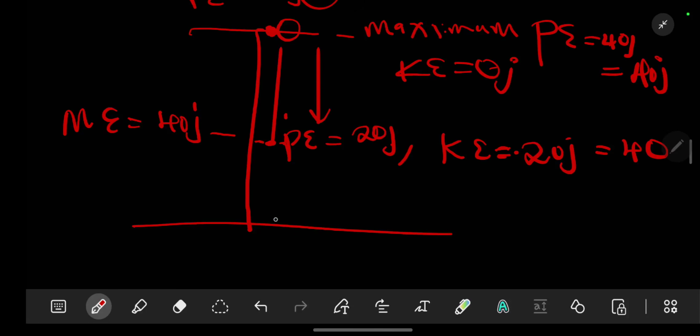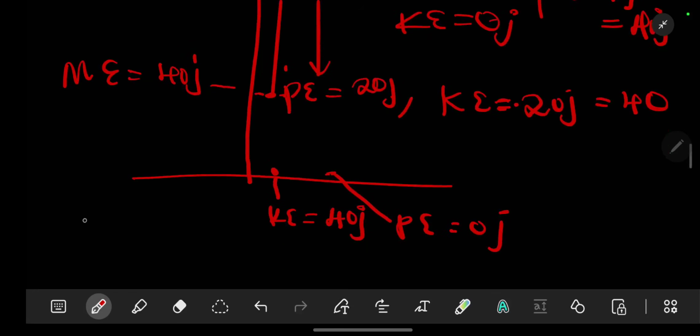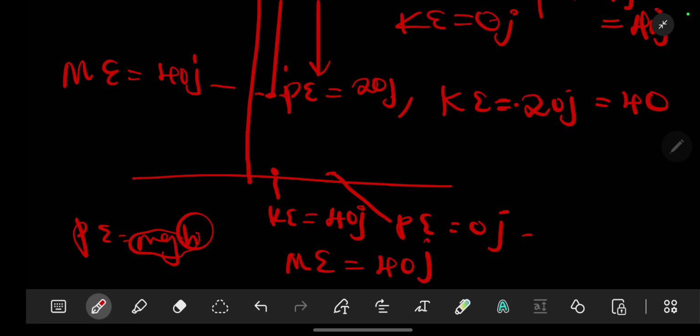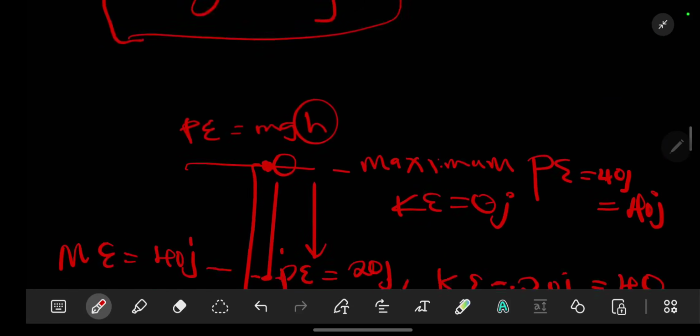Then at the last point, just before it strikes the ground, your kinetic energy will be approximately 40 joules. The potential energy at this point will be equal to 0 joules, because the potential energy is equal to mgh and the height is 0. So if we add them, the mechanical energy at this point will be equal to 40 joules. That is basically how that is done.